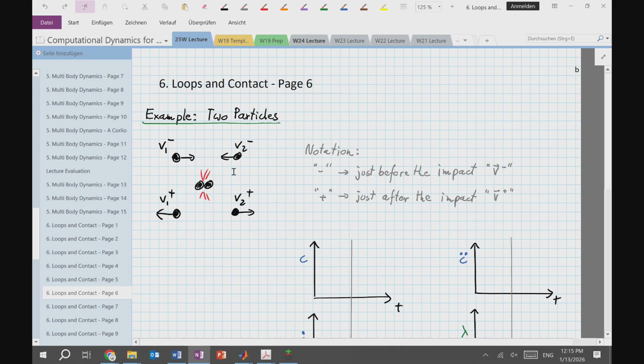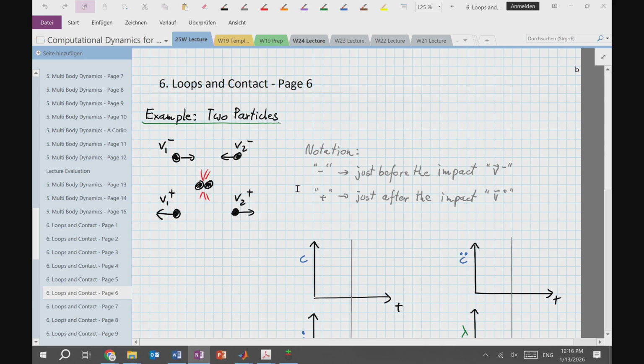Which means I have to add a little bit of a new naming convention. I cannot say my velocity at time t when it comes to this instance of the collision, because everything happens in 0 time. So I will now talk about a t minus, which is the time when the collision begins, or just before the collision, and t plus, which is the time just after the collision.